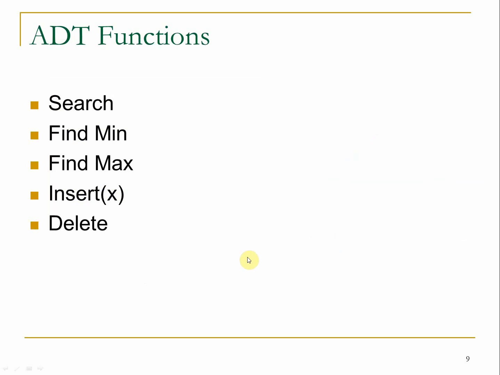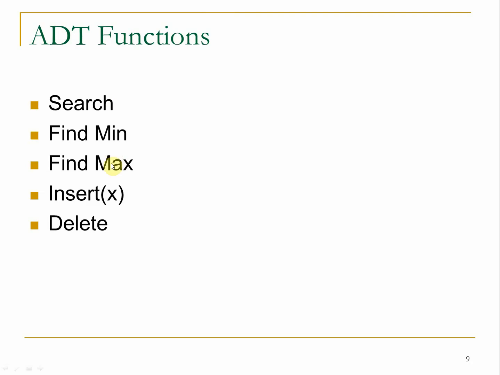In the abstract data type, we try to define different basic functions for the binary search tree. As we discussed earlier, search function is probably the most important one. Finding minimum and finding maximum are interesting because they are super easy.